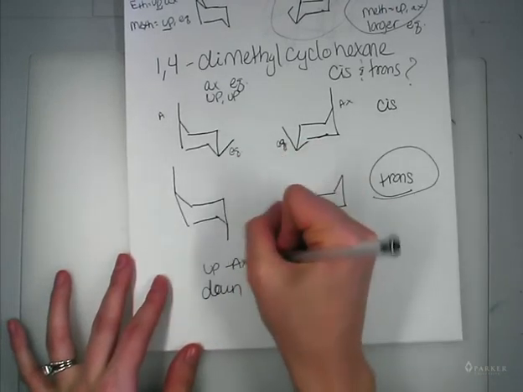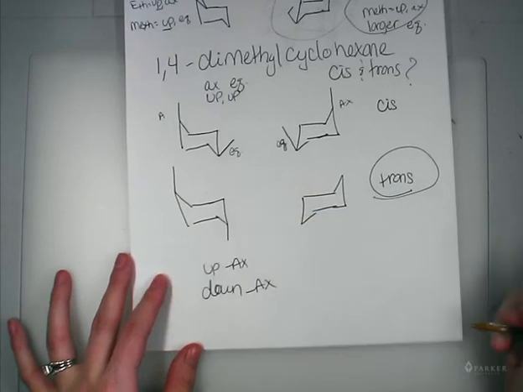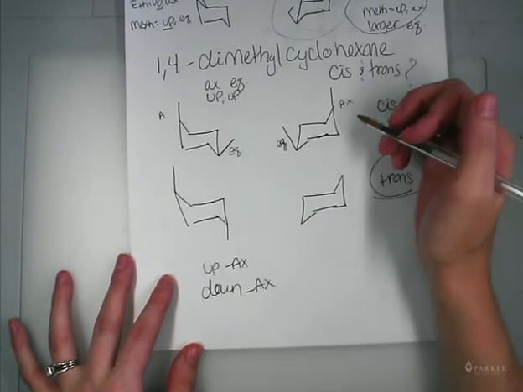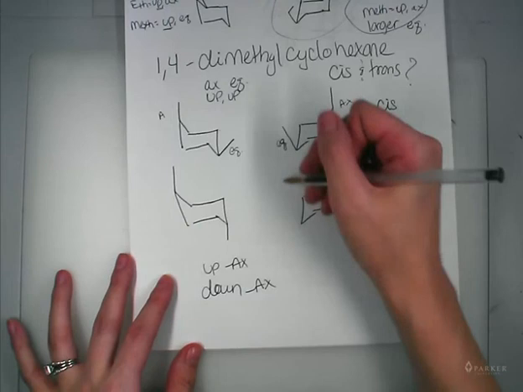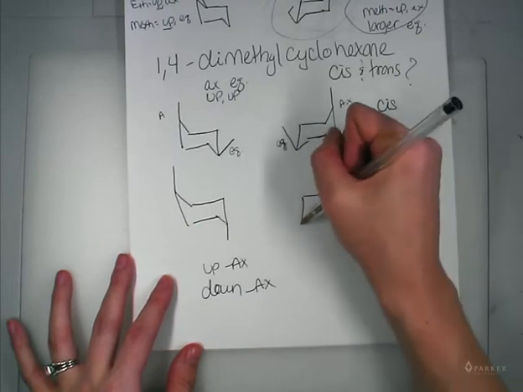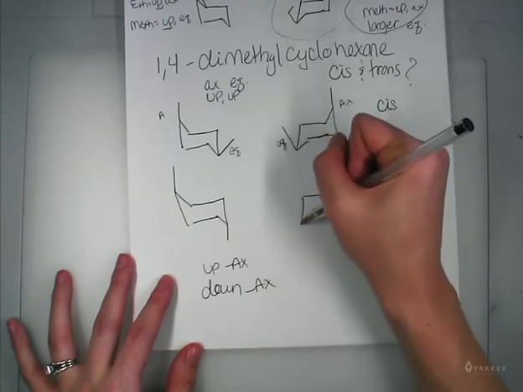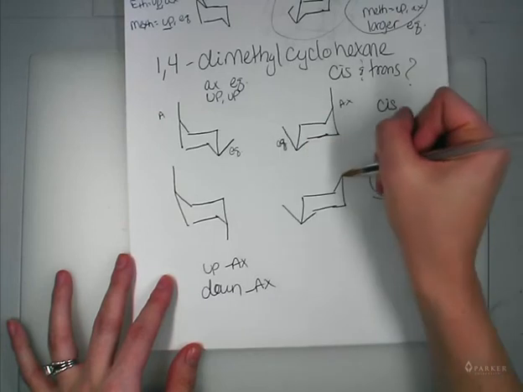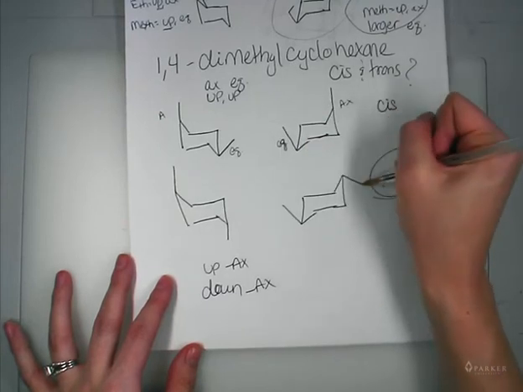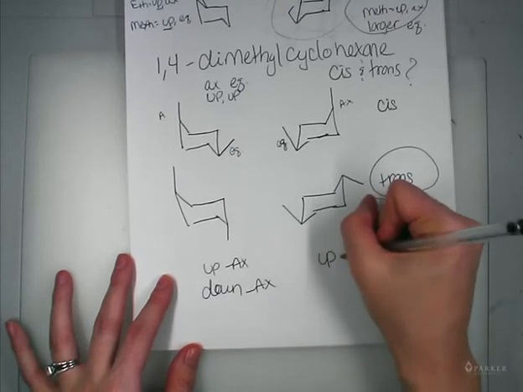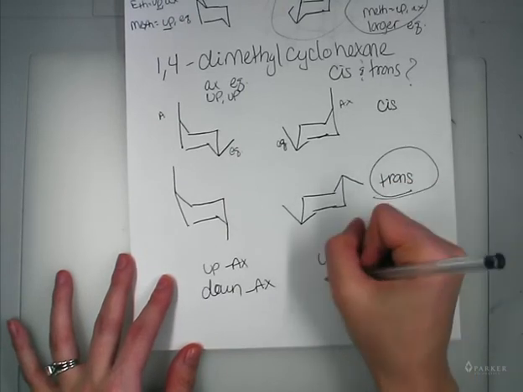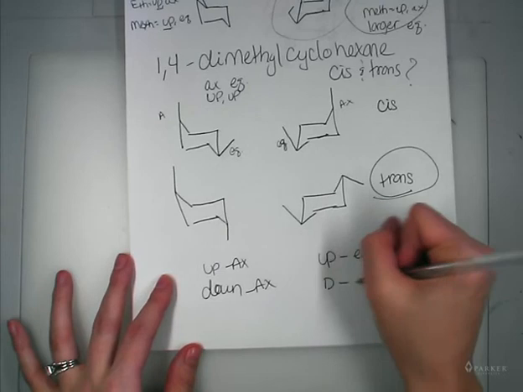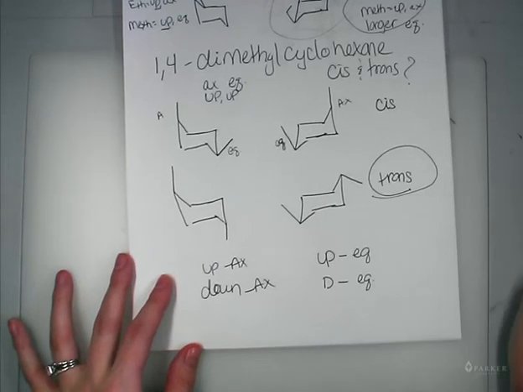So we have an up ax, down ax. Okay, and then that would give us what? If this was an up ax, it changes to an up equatorial. And then over here, down axial turns into down equatorial. So we have an up eq, down eq.